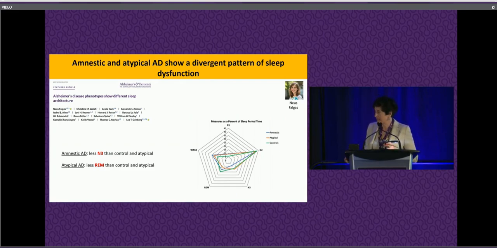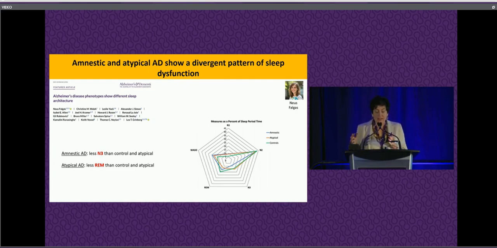Falgas presented before her studies showing that when she compared the pattern of polysomnography in people with typical amnestic Alzheimer's disease with those that were atypical, and the atypical group were really logopenic variant PPA and PCA, she noticed that the atypical ones have much more compromised REM sleep than the typical ones.